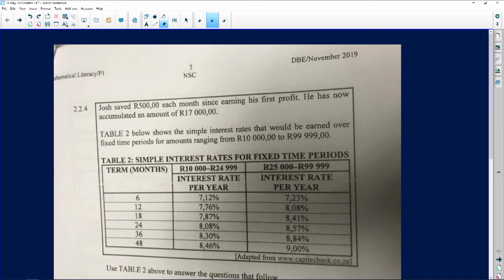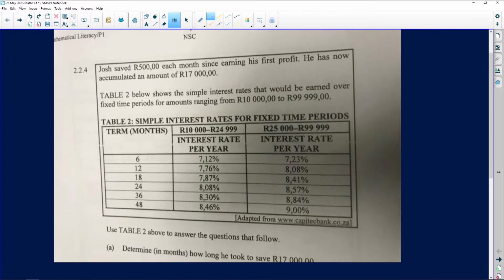So this table tells us, below shows the simple interest rate that would be earned over fixed time periods for amounts ranging from 10,000 Rand to 99,999 Rand. So we've got our table down here, basically how much this person would be earning.